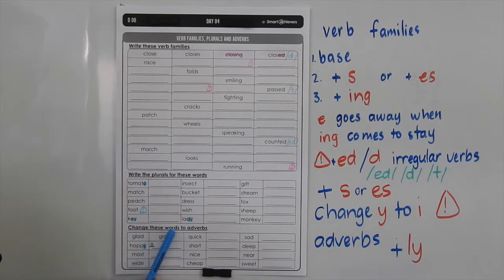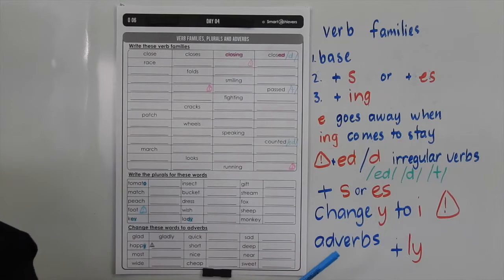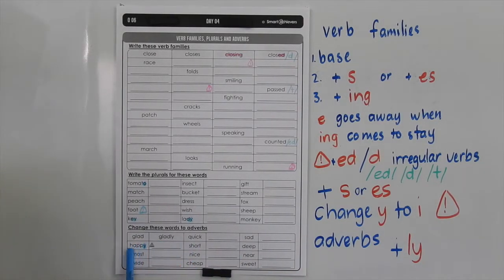Now down here you're going to change these words to adverbs, and we did that previously where we discussed that when we add ly to a base word, we're quite often changing that word to an adverb. And an adverb adds information about the verb. So we go from glad to gladly, happy to happily.